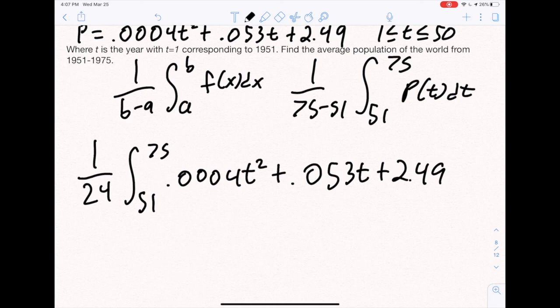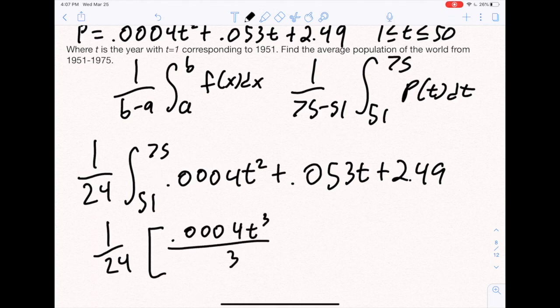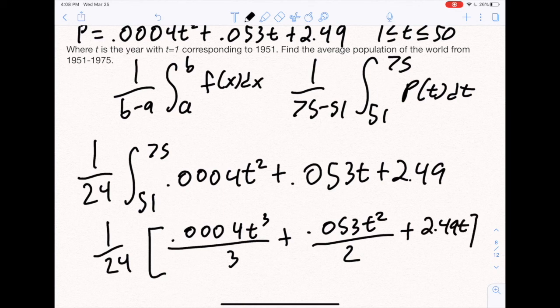And if we end up solving that, what we'll get is 1 over 24 times 0.0004 t cubed over 3 plus 0.053 t squared over 2 plus 2.49 t evaluated from 51 to 75.